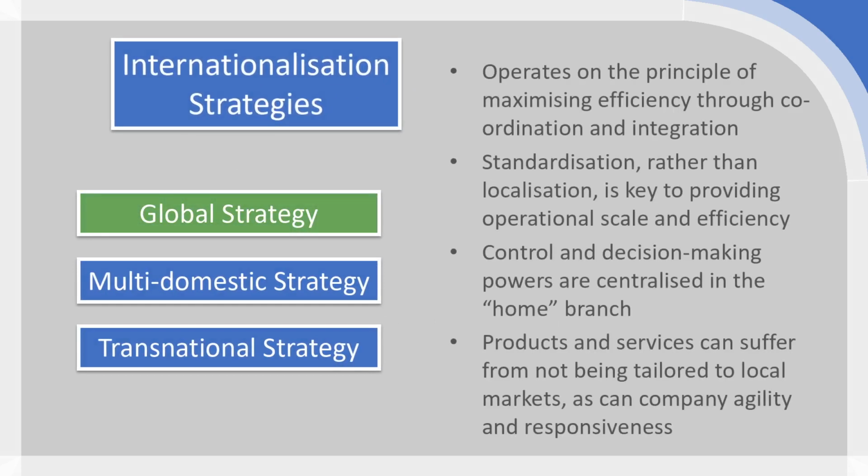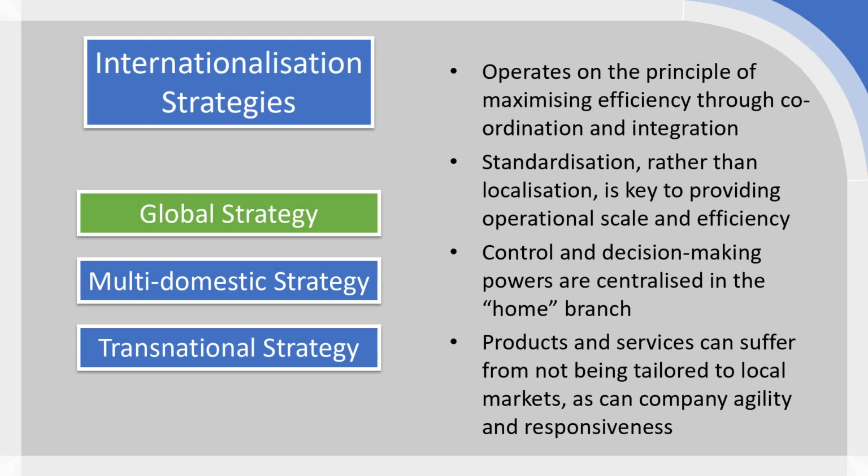We can start with the first, which is global strategy. We've already said that at the heart of a global strategy we're trying to maximize our efficiency and the advantages that come with operating at global scale. We do so through strong centralization and integration. We're looking to standardize our outputs, whether they're products or services, rather than relying on localization.